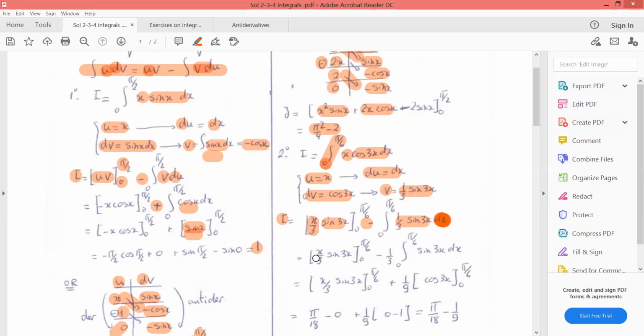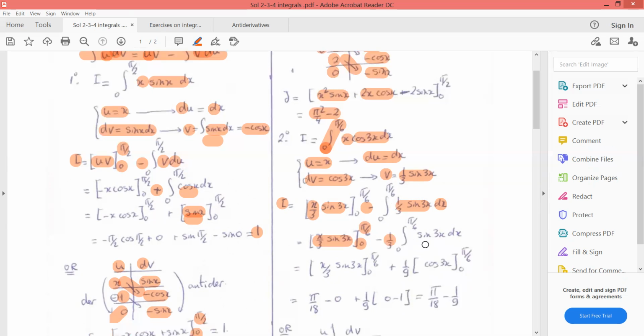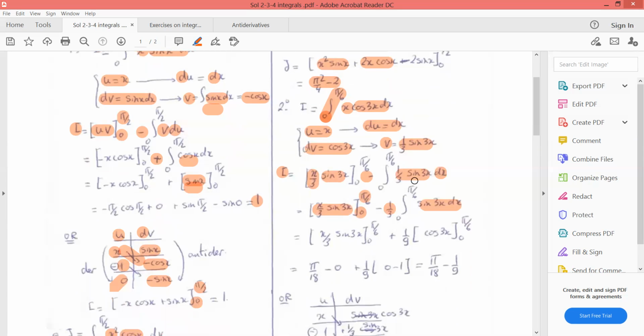Here there is no integral to change, I leave it the same between 0 and pi over 6. The constant 1 over 3 comes out, minus 1 over 3 integral from 0 to pi over 6 of sine 3x dx. To complete our work, we have to calculate the integral of sine 3x. The integral of sine 3x is minus 1 over a cosine 3x, where a is 3.